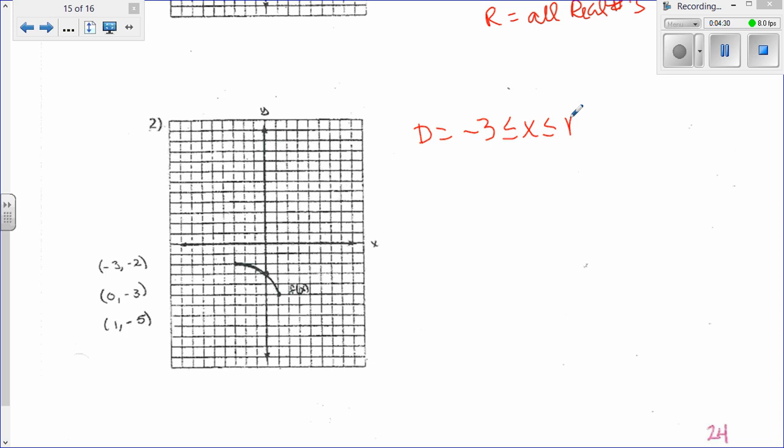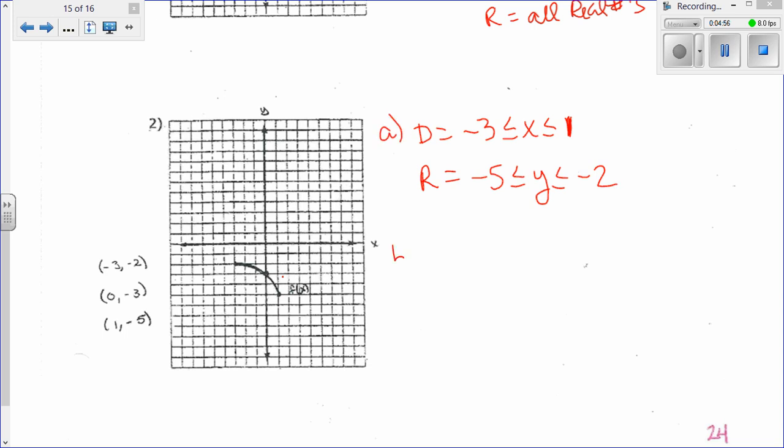And my range, that's a 1 there, not a y. The range, my bottom number is 1, 2, 3, 4, -5, less than or equal to y, less than or equal to -2. Okay, this is a segment, not a line. It has definite stopping and starting points because it has points on the end.